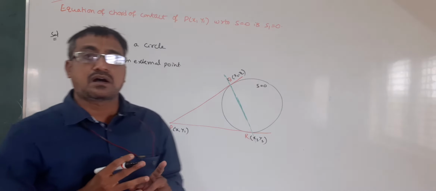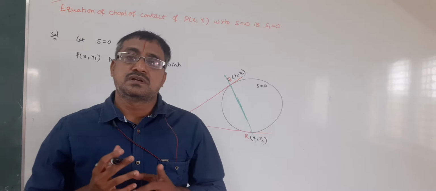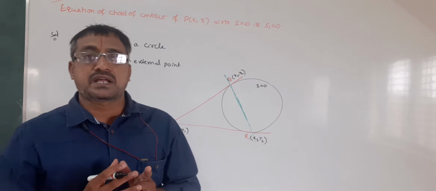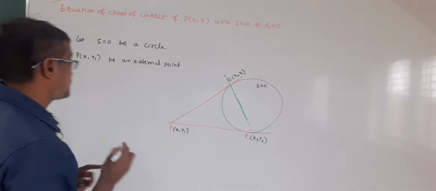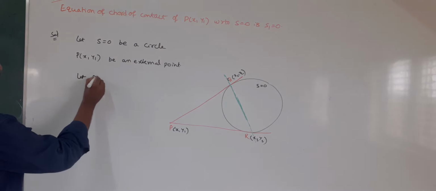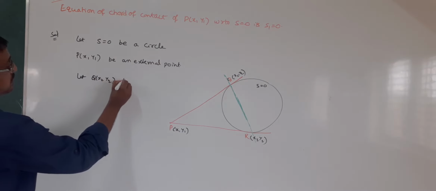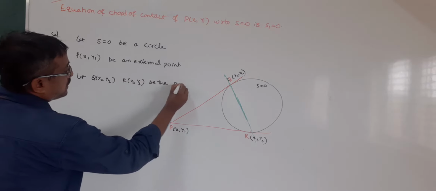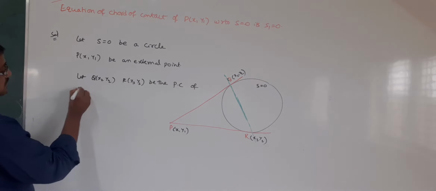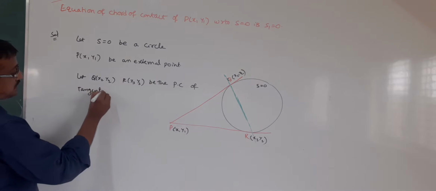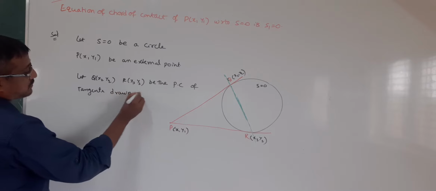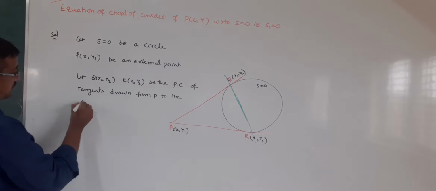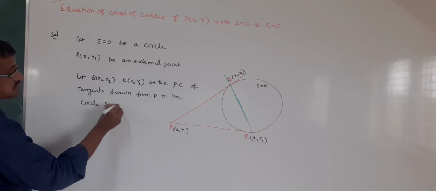So let Q(x2, y2) and R(x3, y3) be the points of contact of the tangents drawn from P to the circle S = 0.